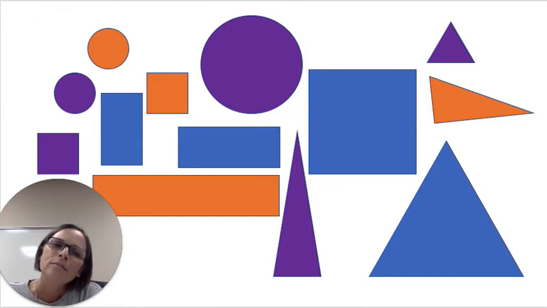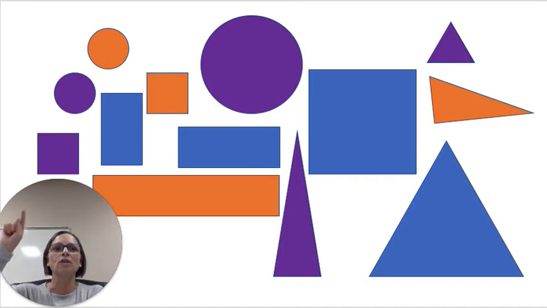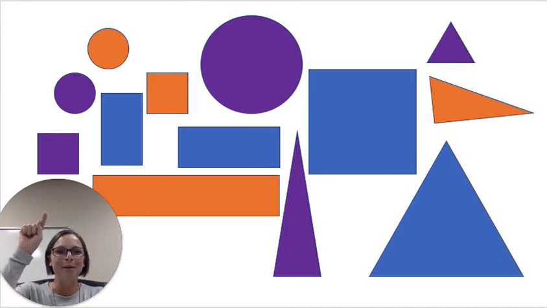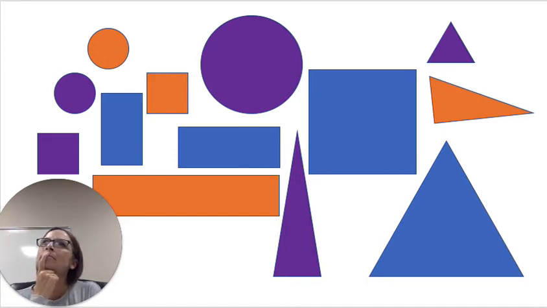Like circles. How many circles do you see? Oh, that's right. A circle is curved all the way around. Does it have any sides? Does it have any vertices or corners? You're right, no. So how many do you see?